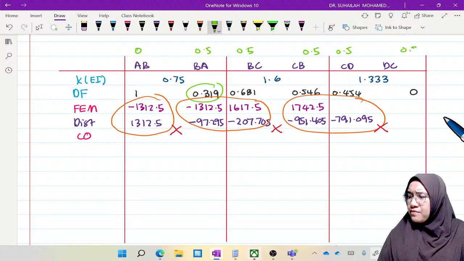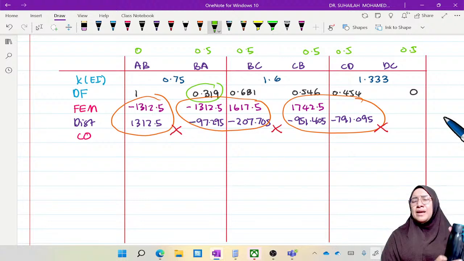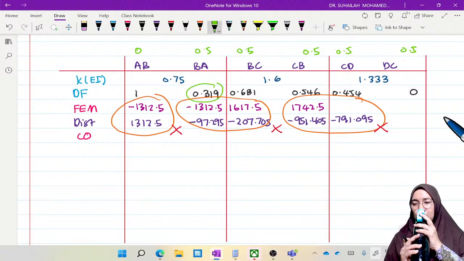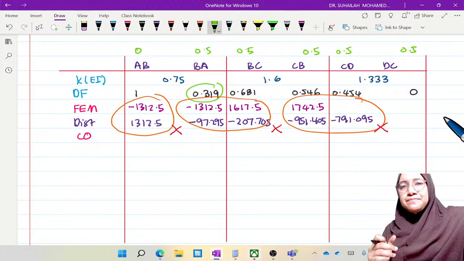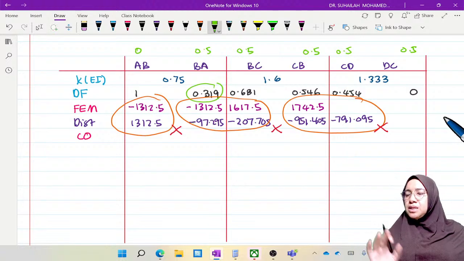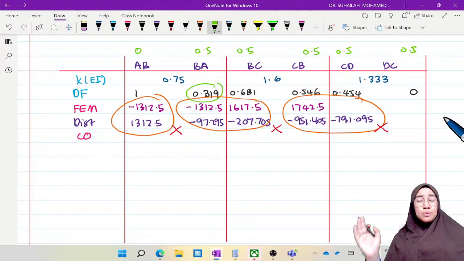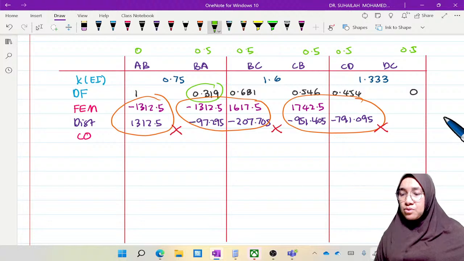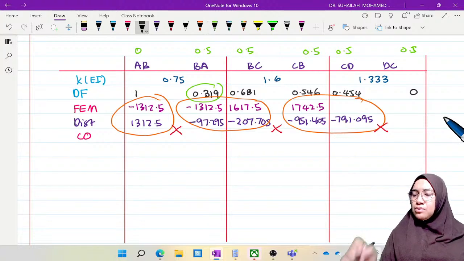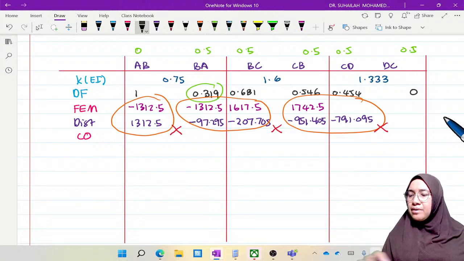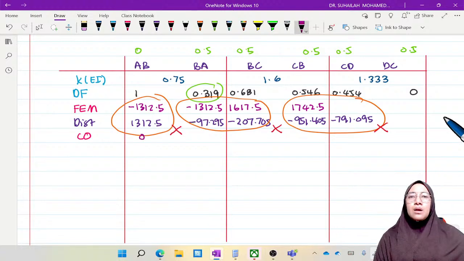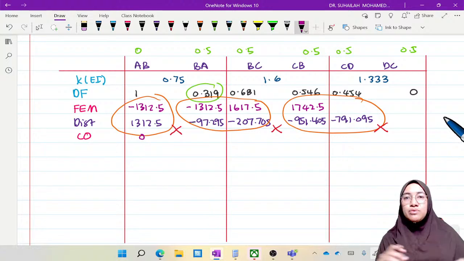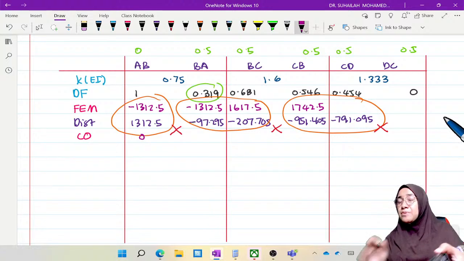Only the AB factor is 0. So it is 0, 0.5, 0.5, 0.5, 0.5, 0.5. Only A is 0, so the value that we carry over is 0 for AB. The rest we have to times by 0.5.